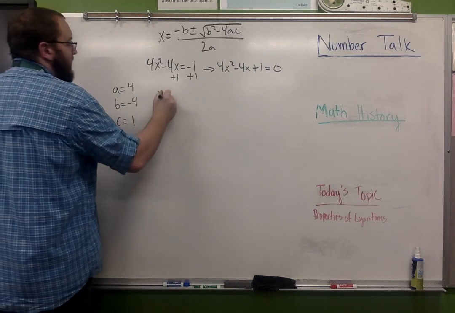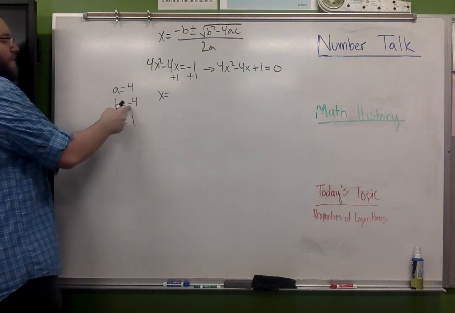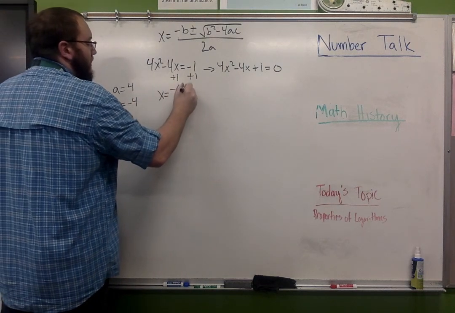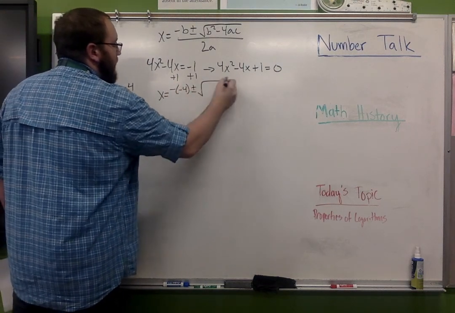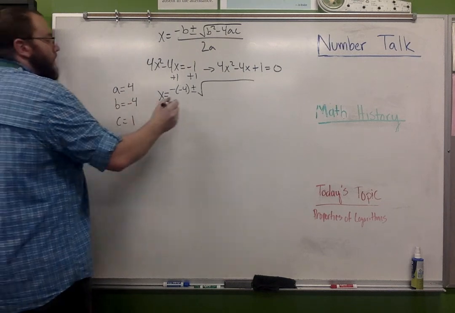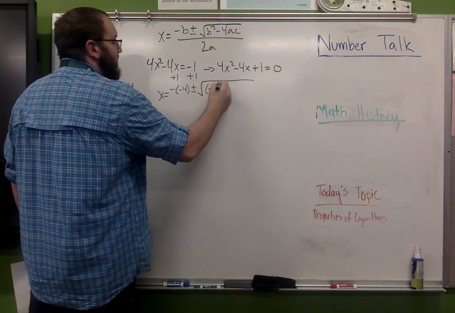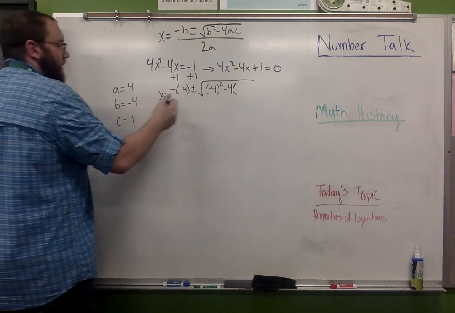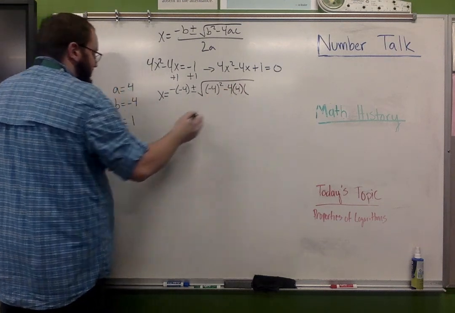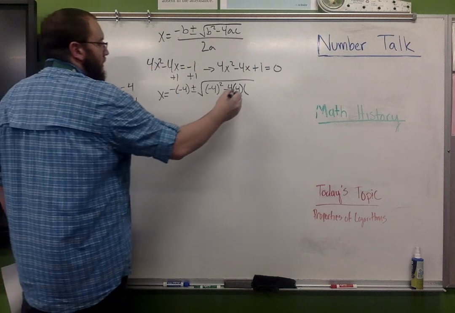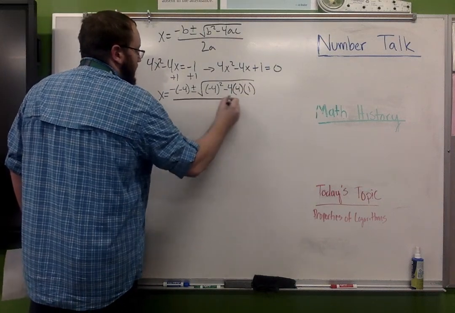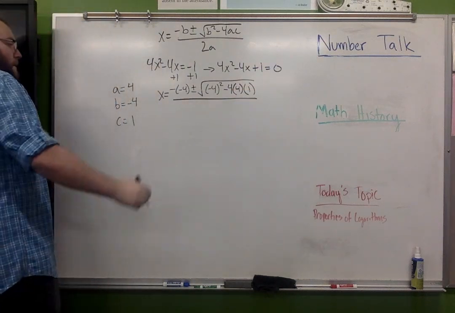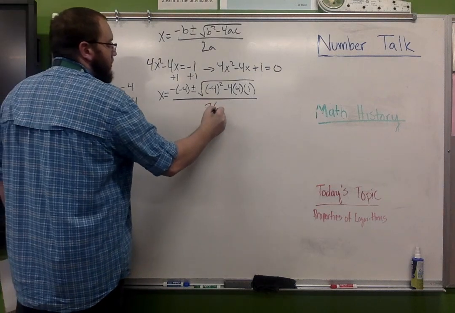So then we have x equals negative b, so negative 4, plus or minus the square root of b squared, so negative 4 quantity squared, minus 4 times a, which is 4, times c, which is 1, all over 2 times a, so 2 times 4.